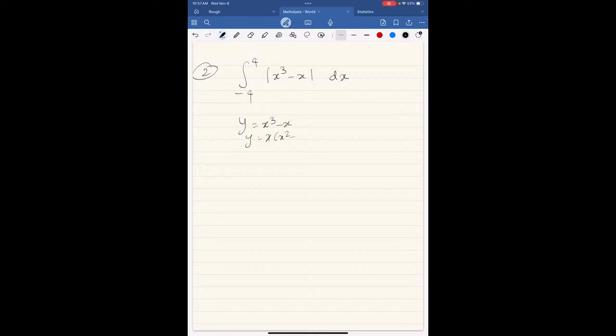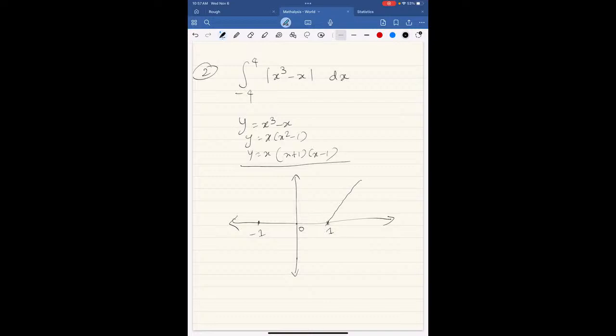This is x times (x square minus 1), which is x times (x plus 1) times (x minus 1), right? So that means its graph will be, okay, let's say this is 1, this is 0, this is -1. So beyond 1, this will definitely be positive, right? Because all of the terms are positive. So the graph comes like this.